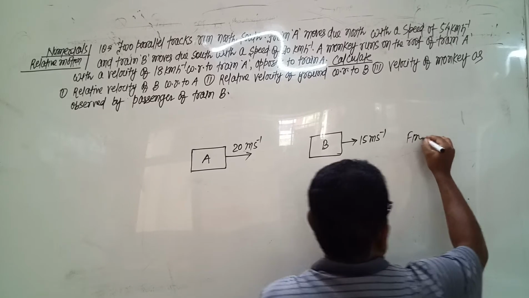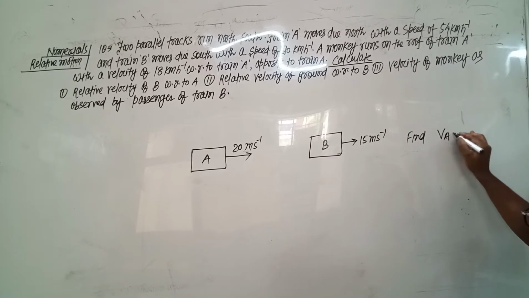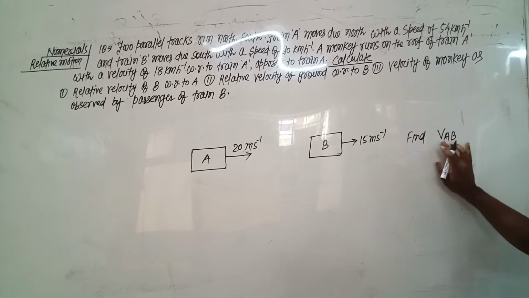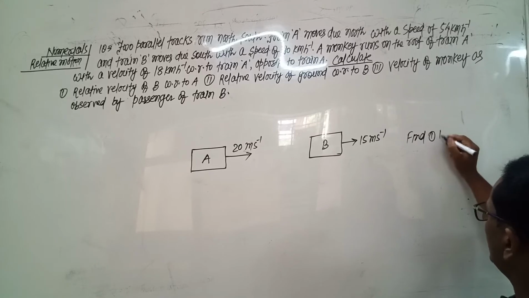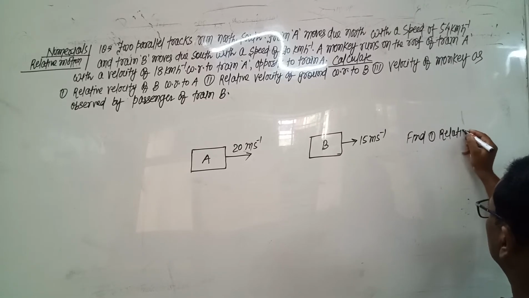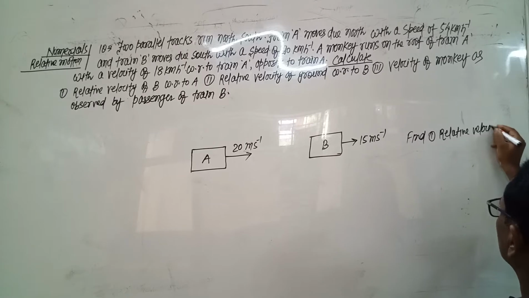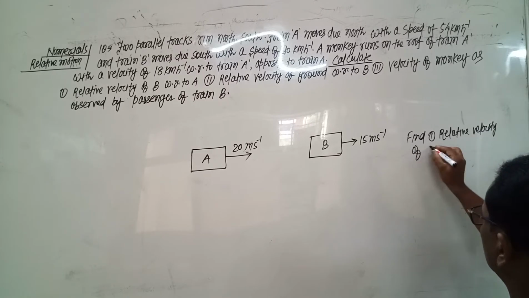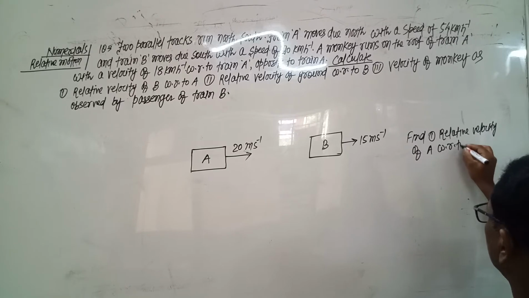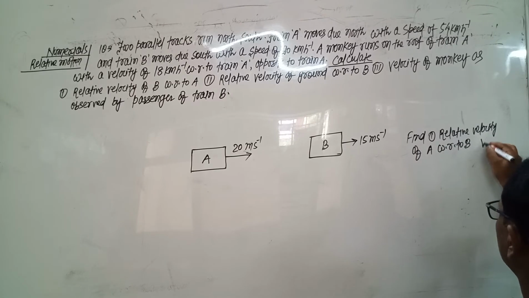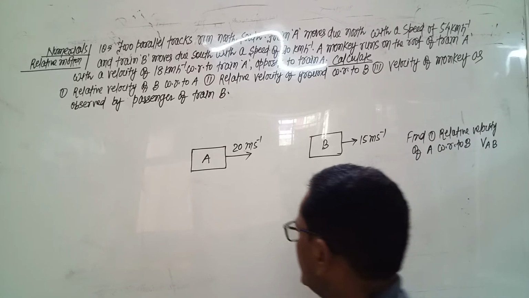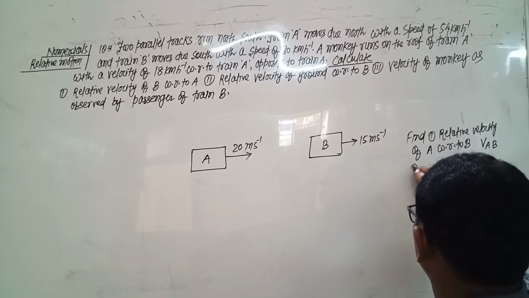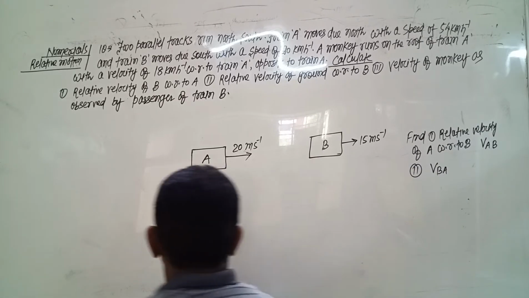We have to find VAB, the relative velocity of A with respect to B. And second, we have to find VBA, the relative velocity of B with respect to A.